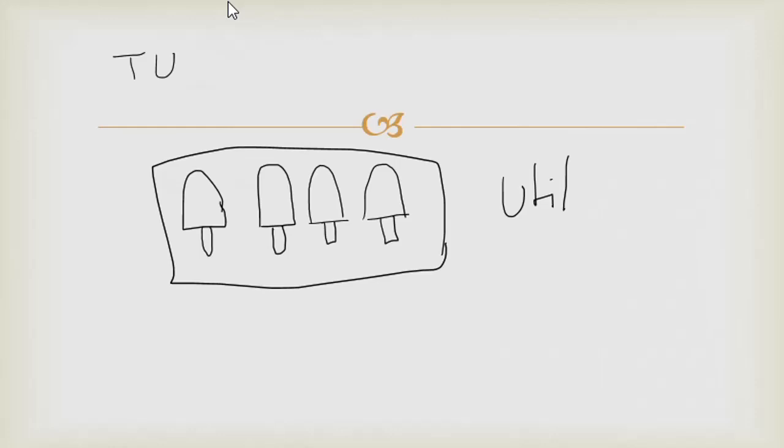In this case, when the consumer gets the first stick of ice cream, we are assuming he gets satisfaction equivalent to 17 utils for the first unit. So very much satisfaction he is receiving from this first stick.